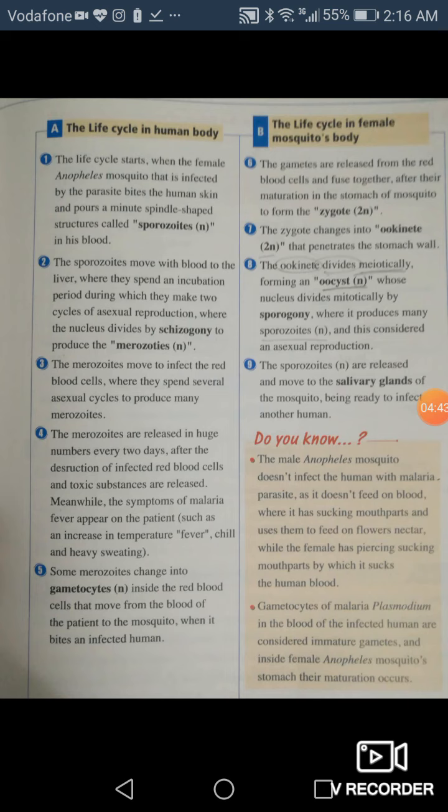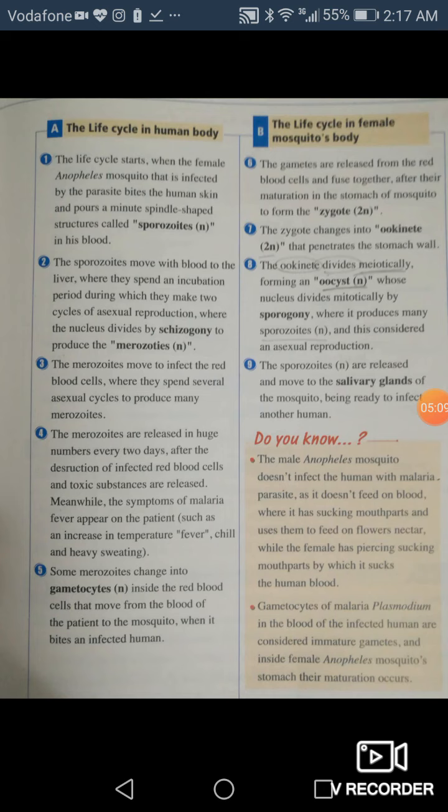Let's start with the life cycle inside the human body. For example, a human is standing or sitting in a place that contains this kind of female Anopheles mosquito. The life cycle starts when the female Anopheles mosquito that is infected by the parasite bites the human skin. Not all female Anopheles mosquitoes are infected by plasmodium.